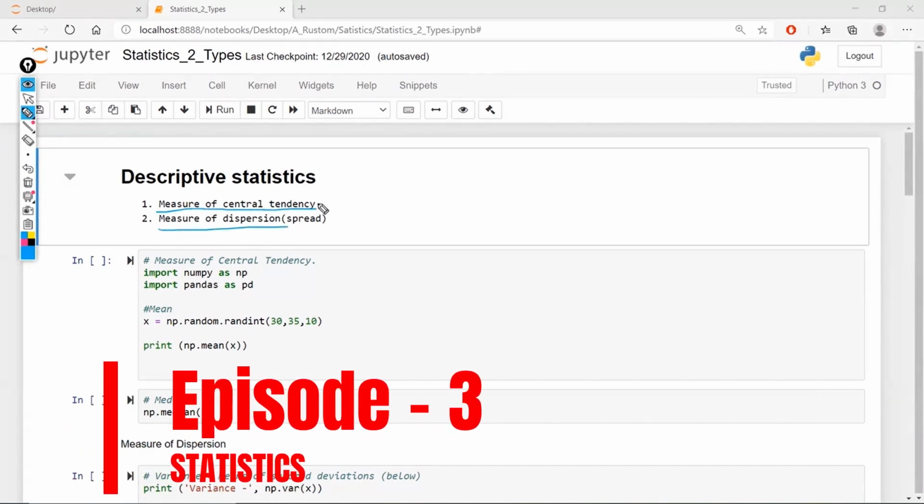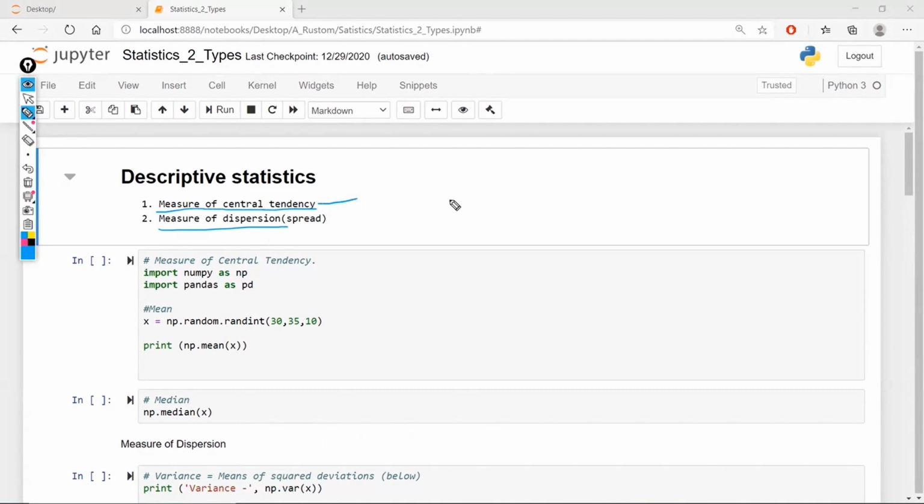So what is a measure of central tendency? If I have data, what is basically the data tendency, which side or how the data looks like? That is basically the measure of central tendency.